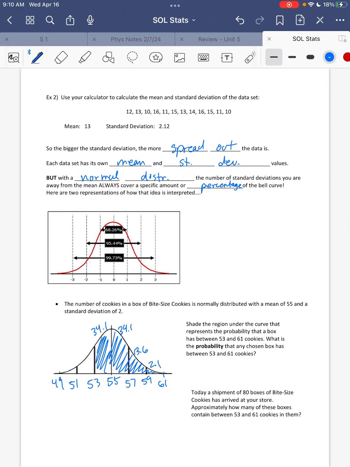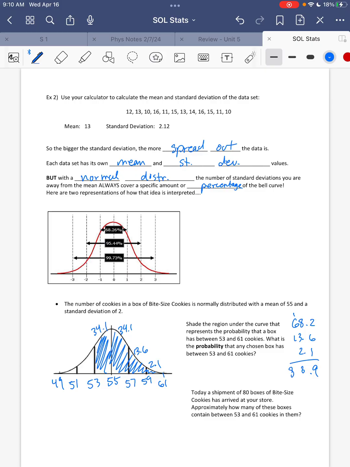So you would add up all these things. Now we're going to figure out a way to do this on Desmos as well, but I'm just showing you the concept here. You'd add up those percentages and that would be the probability. So 34.1, that's 68.2, then 13.6 and 2.1. So let's see, that'd be a 9, 8, 13.